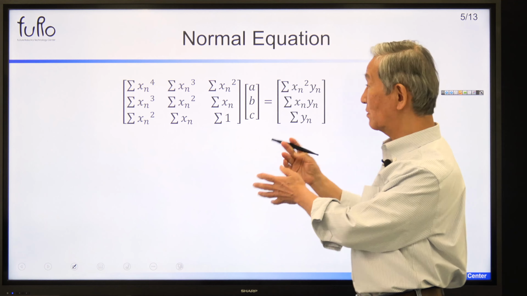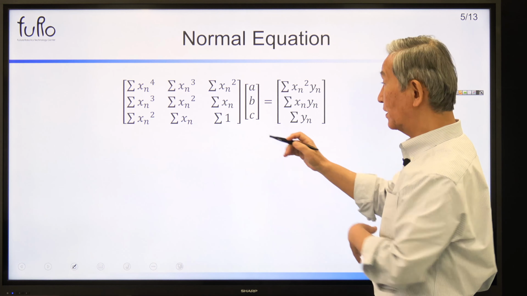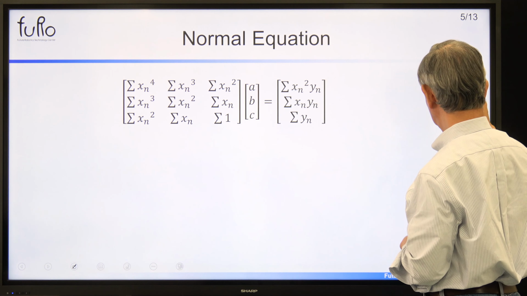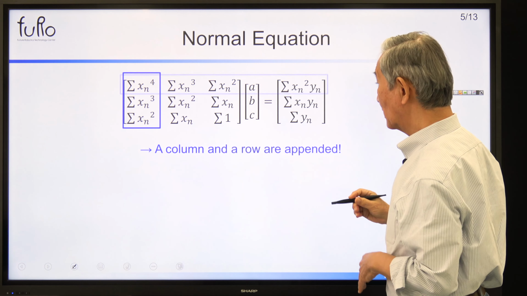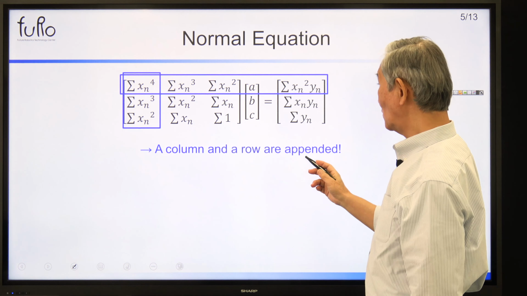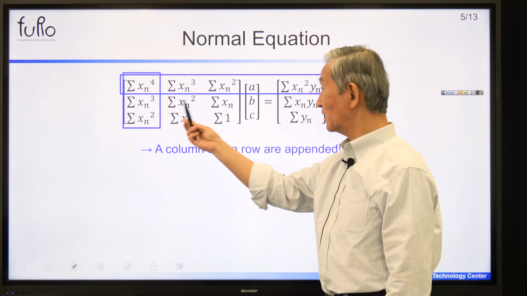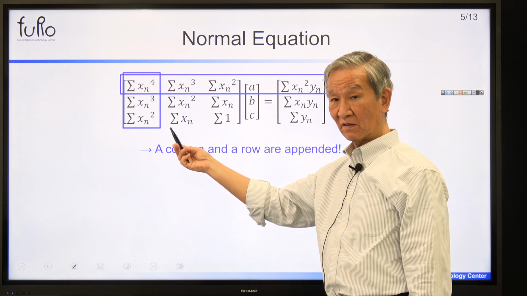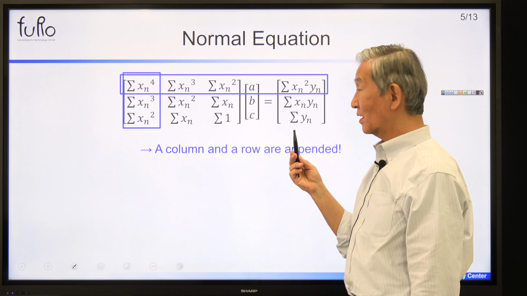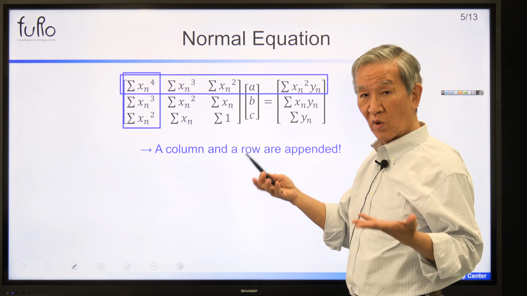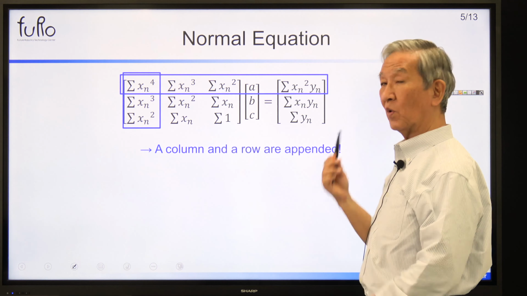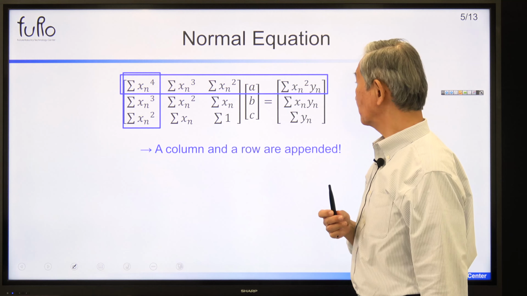As you can see, there is a structure within the coefficient matrix, and also this one here. A column and a row are added. If you look at the rest, this is pretty much what we had. But because we had one more term, we added one more column and one more row here.